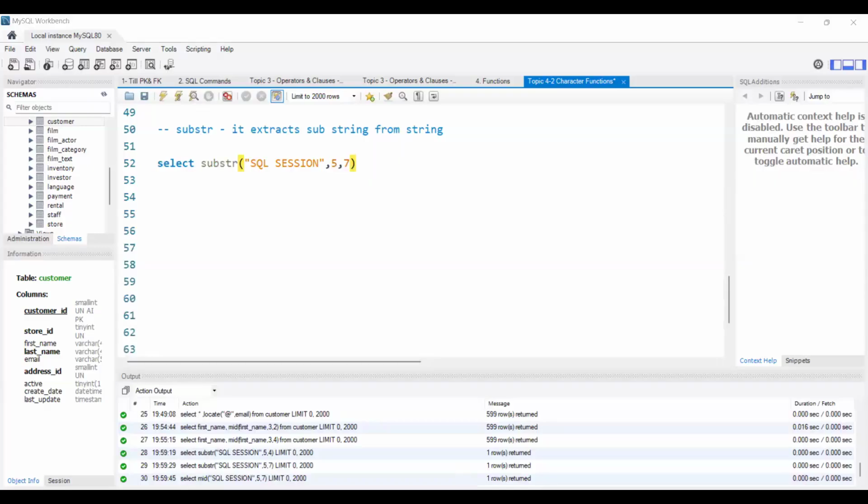And the last function is trim. I will just explain it quickly. Trim, in the sense, it will just remove the spaces. Okay. I can say we have 2 words here, leading and trailing.